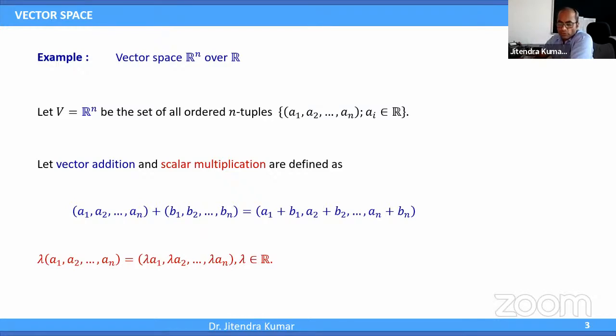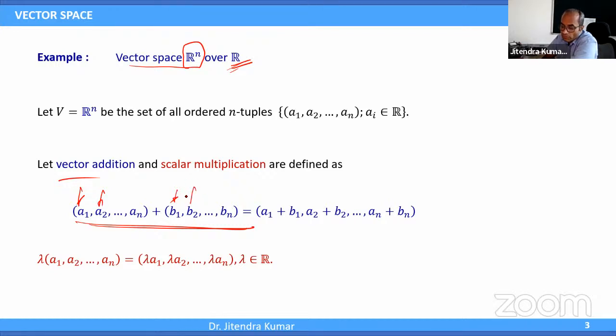As an example, consider the vector space Rn over R, the same set I was talking about, which could be generalized to a field. It is a vector space when we define the vector addition in the very usual way, component-wise addition of each component, and the scalar multiplication is defined in this way.